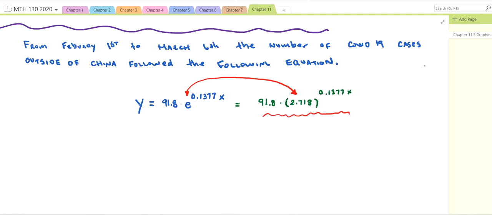So equations like this, where the independent variable is in the exponent, these are called exponential equations.